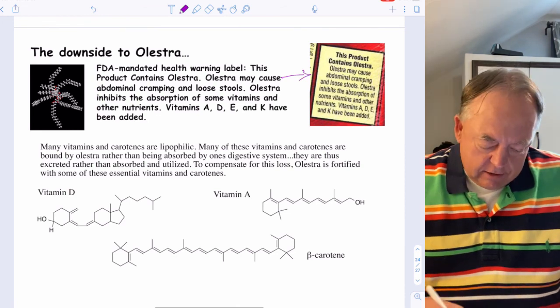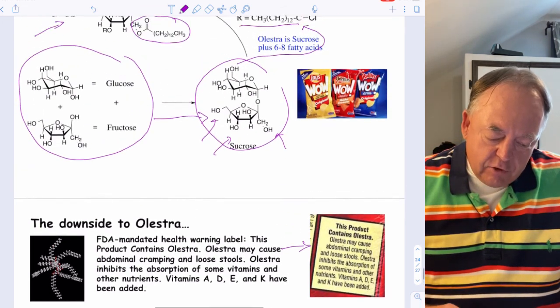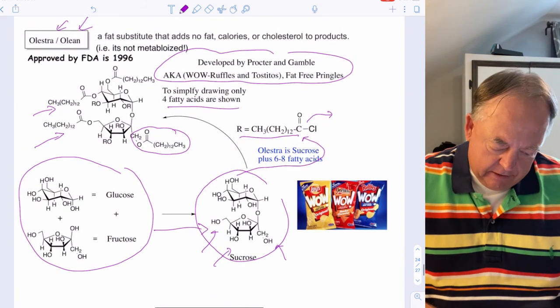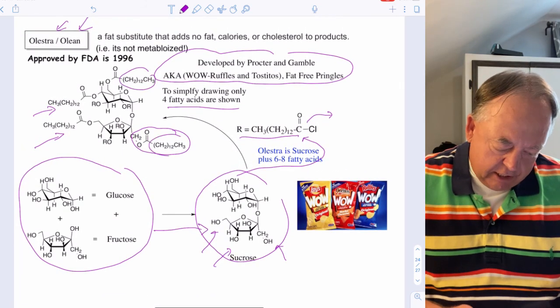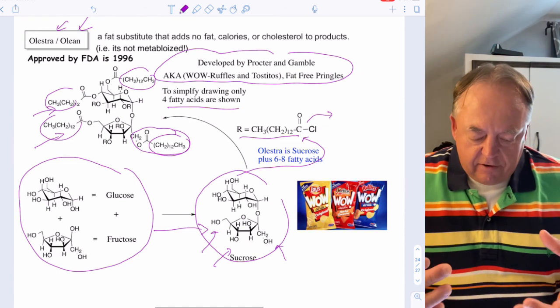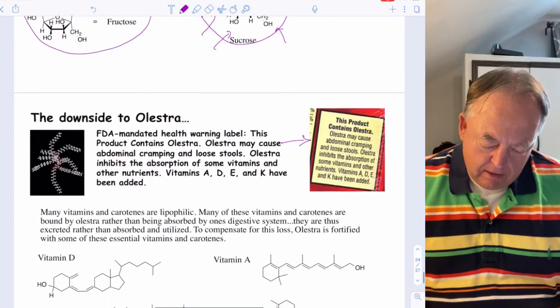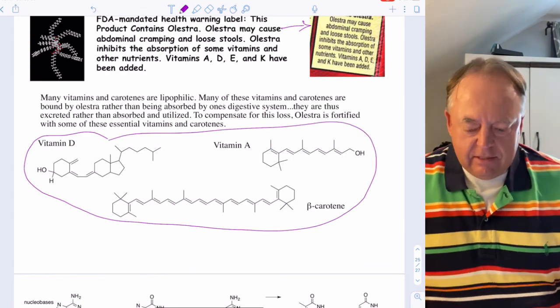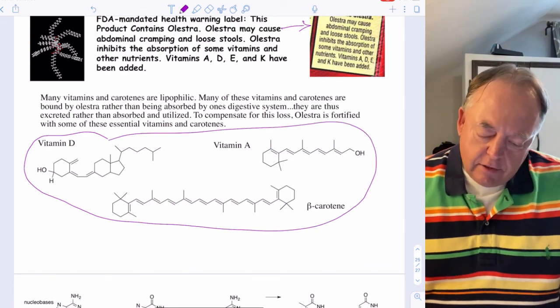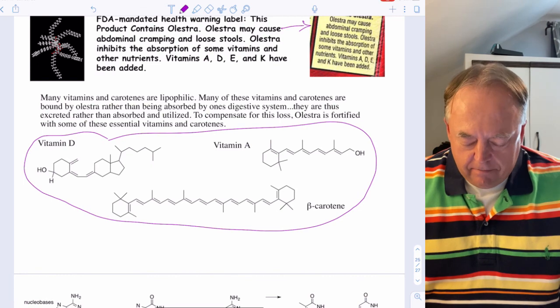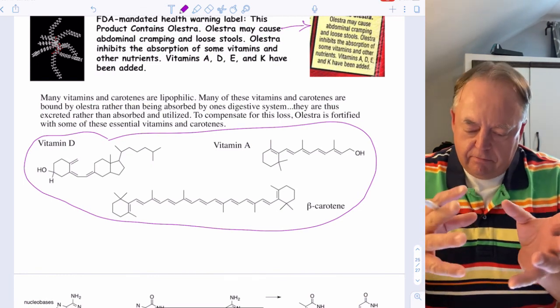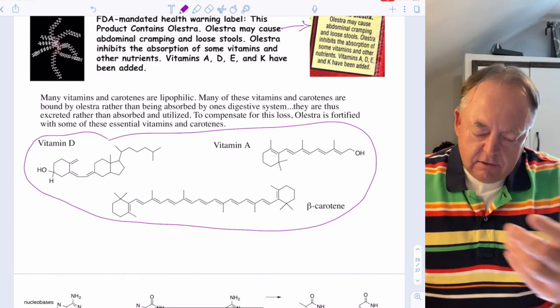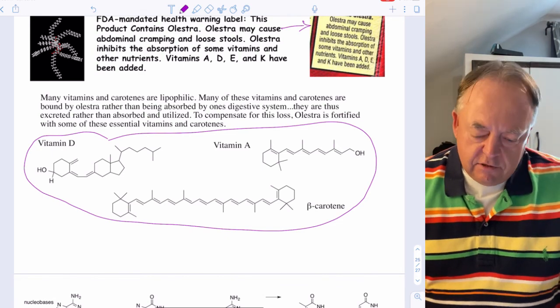So this would be something that was on the product label. There's a couple of downsides. One, because it is a very hydrophobic molecule, right? I mean, you have all of these long alkyl chains in there. So it can bind to hydrophobic molecules like vitamin A, vitamin D, beta carotene. Those are important vitamins, but they can get bound up in the olestra and then excreted, so you could end up with some vitamin deficiencies.